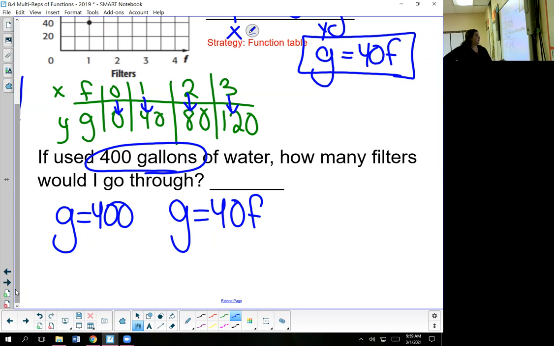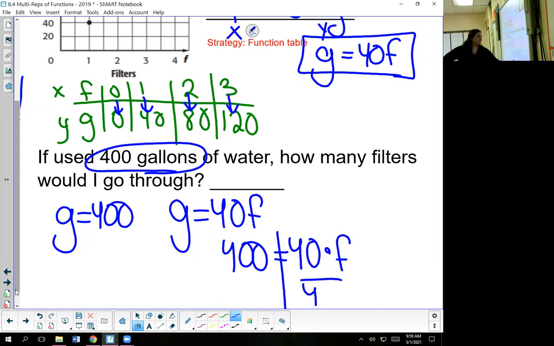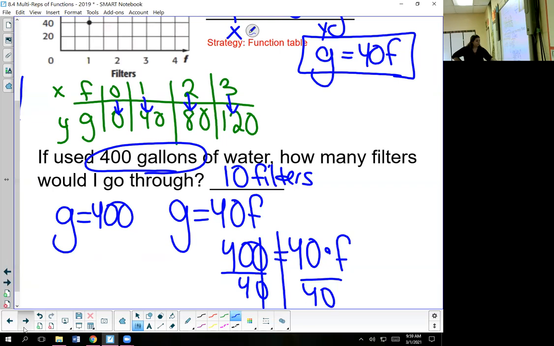So you can solve like an equation, 400 equals 40 times something. Divide by 40, divide by 40. This is one way to do it. You can just divide if you know that's the case. Cross out a set of zeros, and if you got the answer is 10 filters, you are correct. Because 10 times 40 is 400. Okay, or you can look at the graph. If you continue on, you should be able to figure it out.